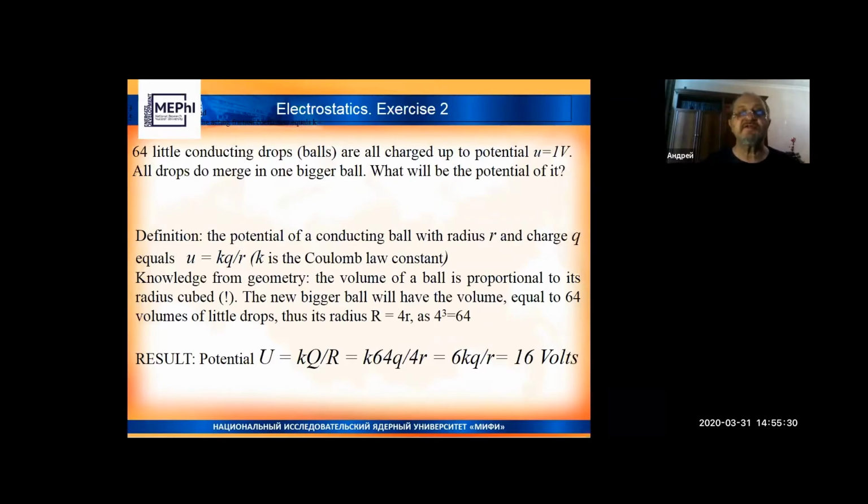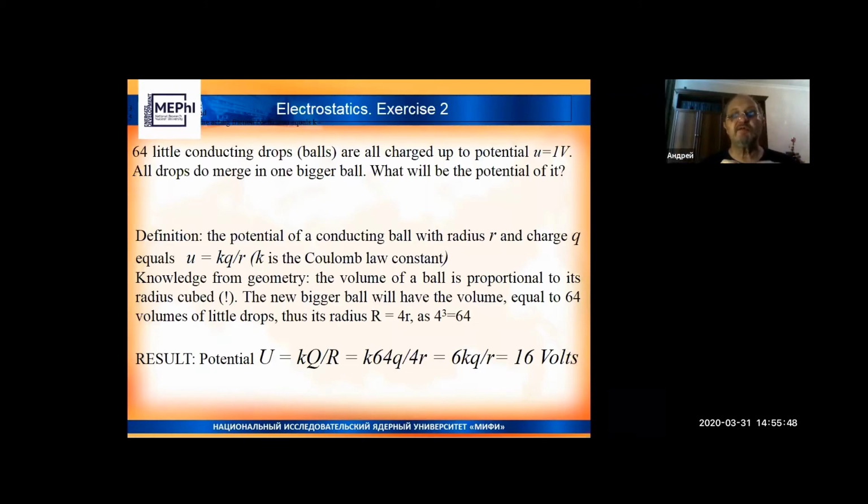Another example is a little bit more complicated. Again, we have some charges, but in this case those charges are little conducting balls, drops of conducting liquid, something like mercury.